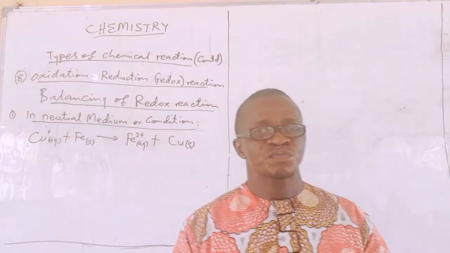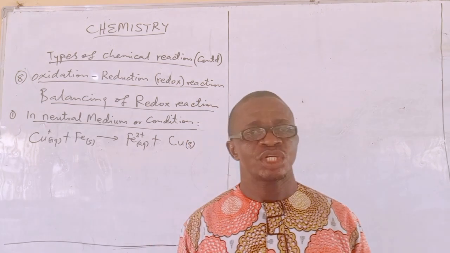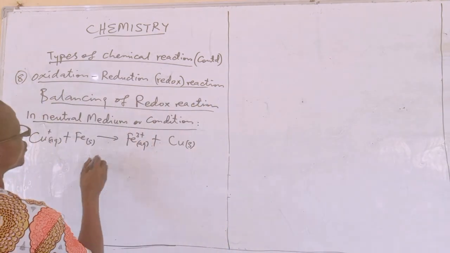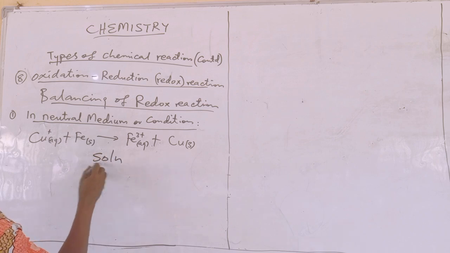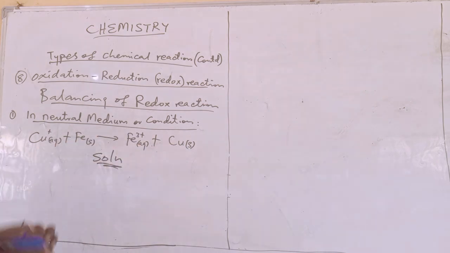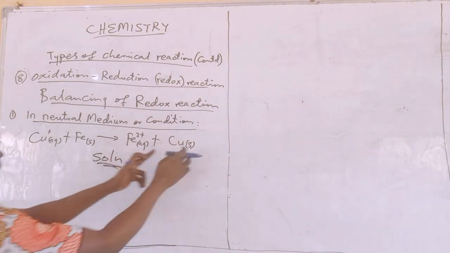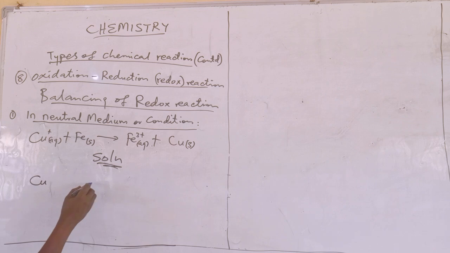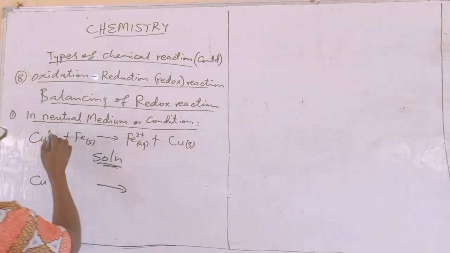First thing, split the equation into two half equations. I will say solution. I want to split this equation into two half equations. I have copper here, I have copper here. So I can quickly say Cu+ giving me Cu.